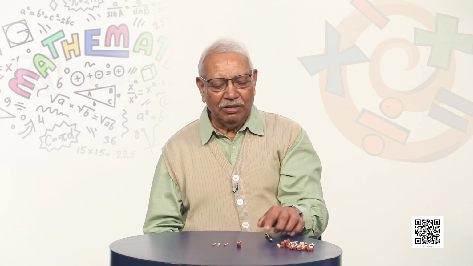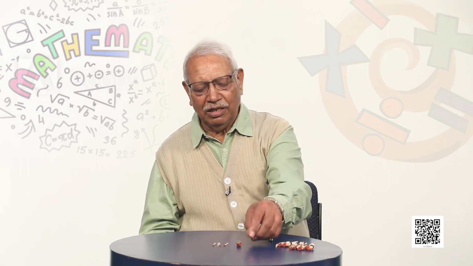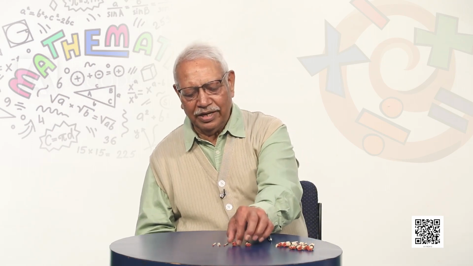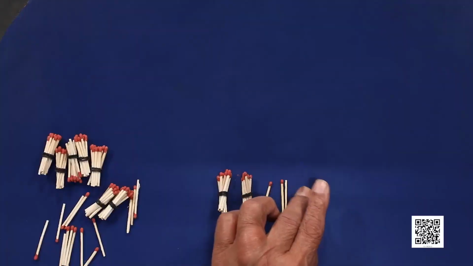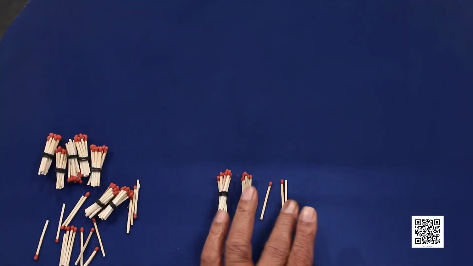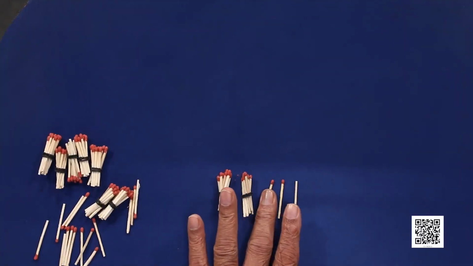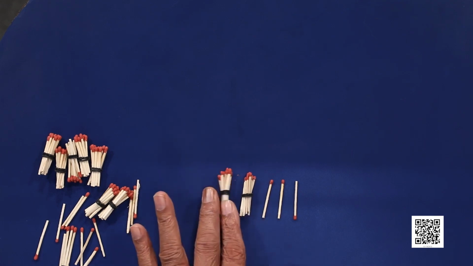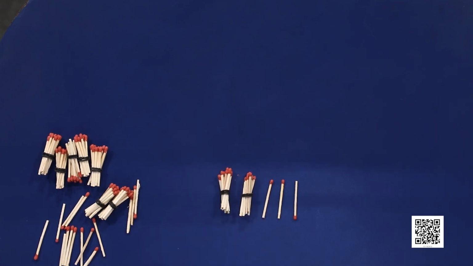Similarly, if I take another bundle of 10 sticks, now I have changed the number of sticks, and now if I ask you to count or answer the question how many sticks are there now, how are you going to do it?